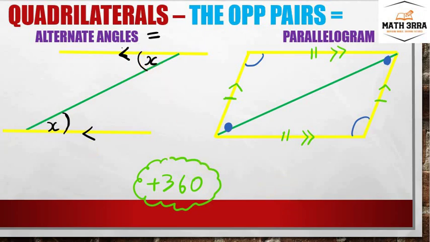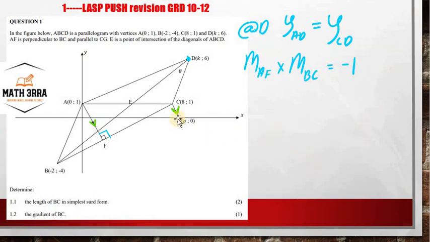So with that in mind, we notice that might be the same thing we have in here. How so? I'm just going to extend the line GC just a little bit.